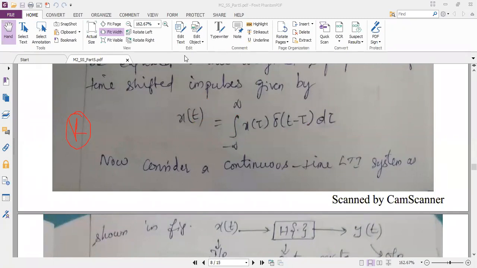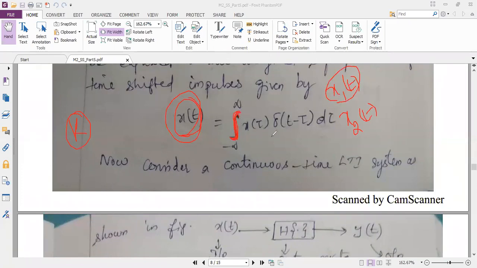See, what is the meaning of this? My x of t is nothing but a sum of a number of values. My first input can be x1 of t, my second input can be x2 of t, and if you add all of them, x1, x2, x3, x4, everything, you will get x of t. That adding, I cannot show as adding here; I have to show it in terms of integration.